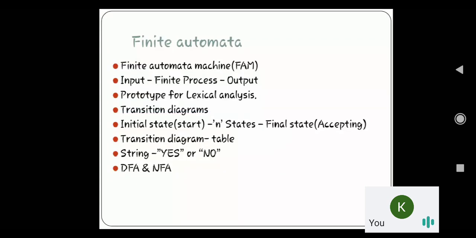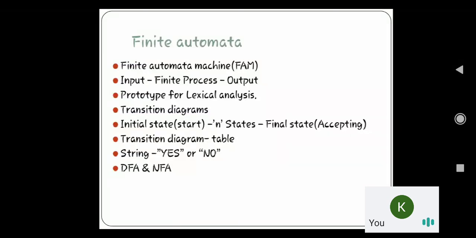Those movements are called transitions. Because of this terminology, we call this diagrammatic representation either a transition graph or a transition diagram.